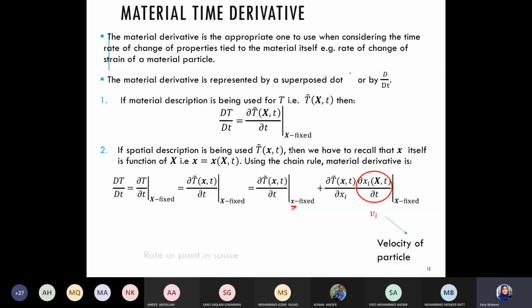Isn't that the rate of change of the temperature at that fixed point in space? मतलब ये, it's just the rate at that point in space. ठीक? I fixed myself at a point and I'm looking at the rate of change of temperature.